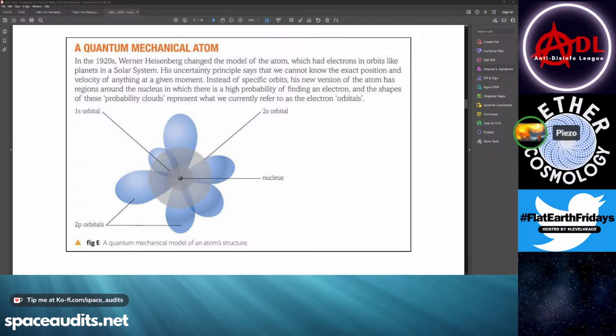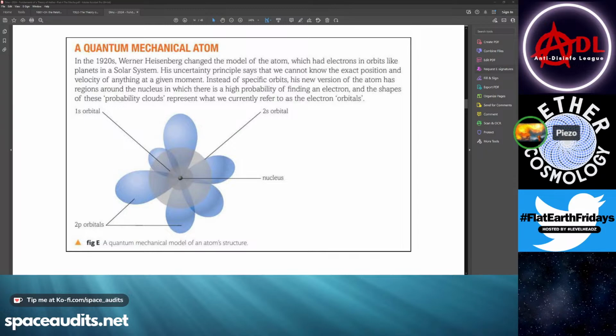This is a 1s 2s 2p orbital diagram of an atom. This is mathematical porn. A quantum mechanical atom. So in the 1920s, Werner Heisenberg changed the model of the atom, which had electrons in orbits like planets in a solar system.